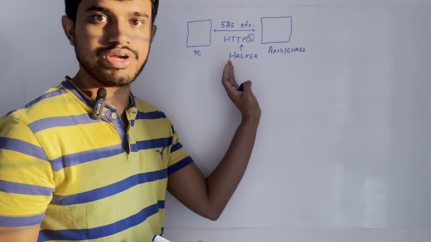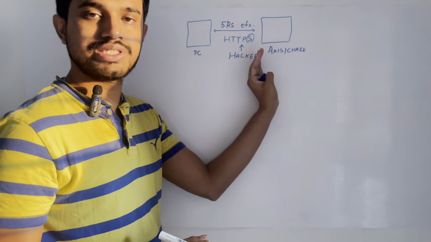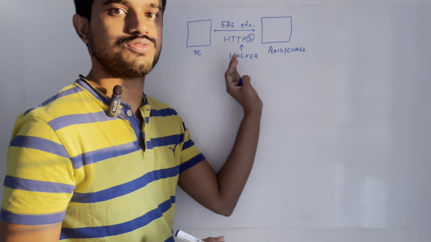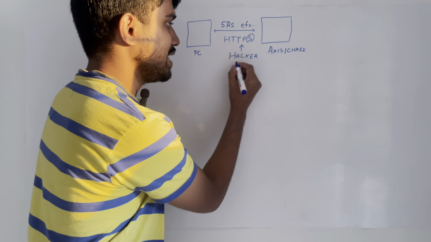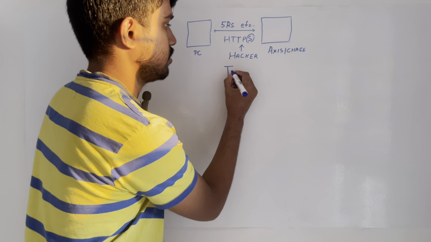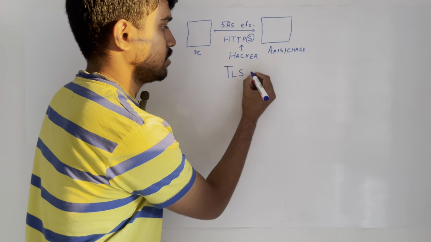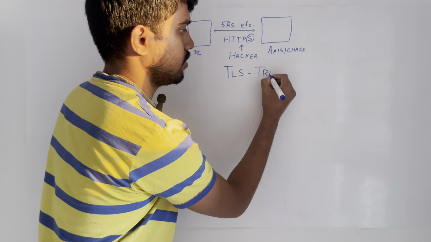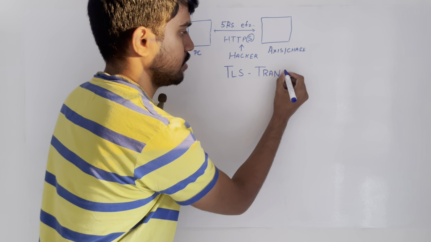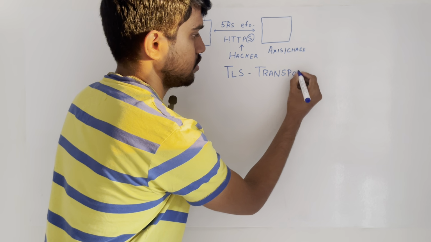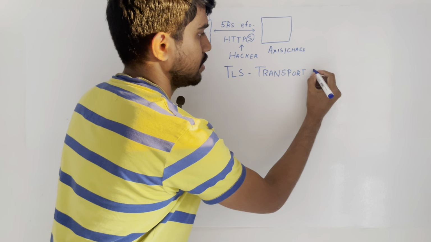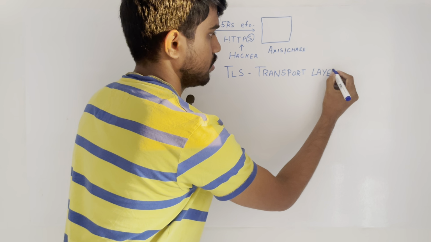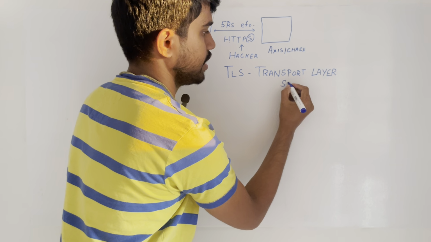So we saw in that video that to do the encryption and decryption, the current protocol which is followed in internet is called TLS, which stands for transport layer security.